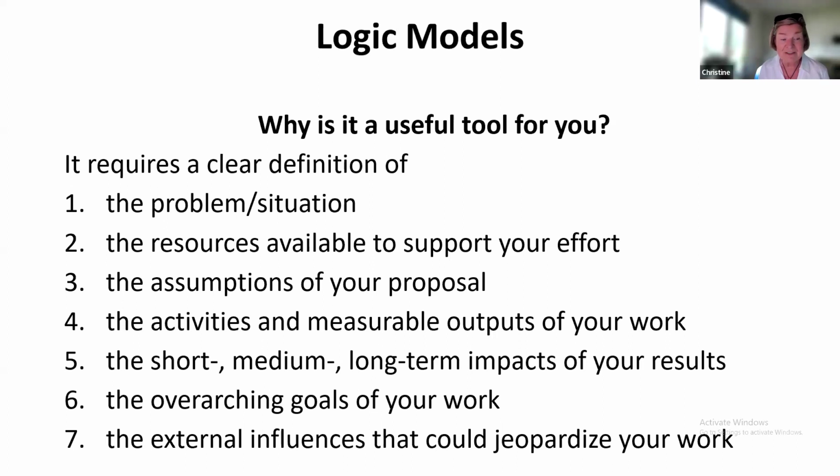What are the activities and measurable outputs of our work? What are the short, medium, and long-term impacts of these results? What is the overarching goal of our work? And what could happen outside of our influence that can jeopardize what we're doing?